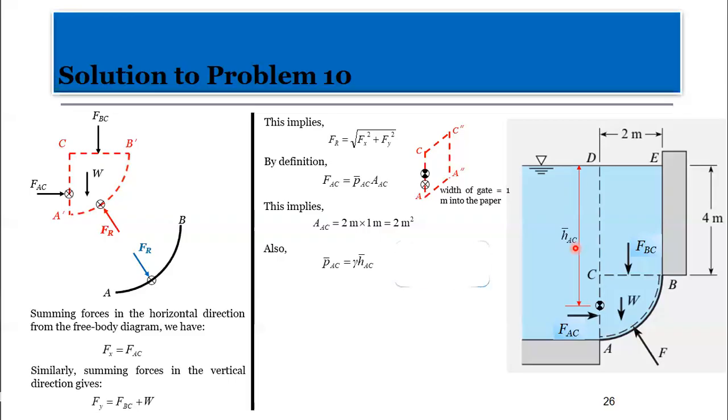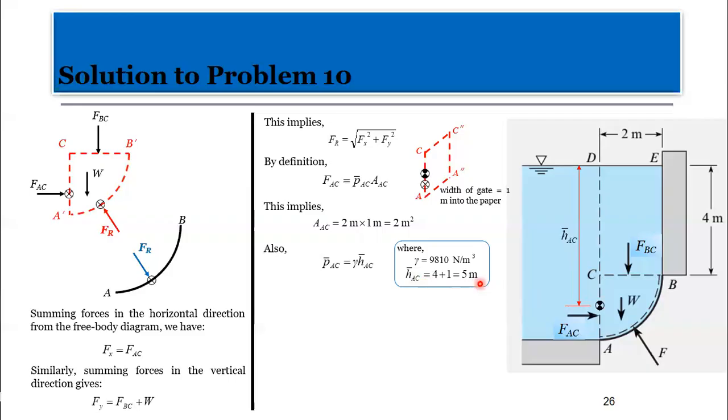So how do I find that? Remember my gamma is water, they gave it to me as this. If they don't, assume this. Now I have H bar AC to be what? The distance from here to here. Let's measure from here to here. I'll add from here to here, which is 4, plus from here to the middle, which is half of 2, which is 1. So I end up having H bar AC to be what?